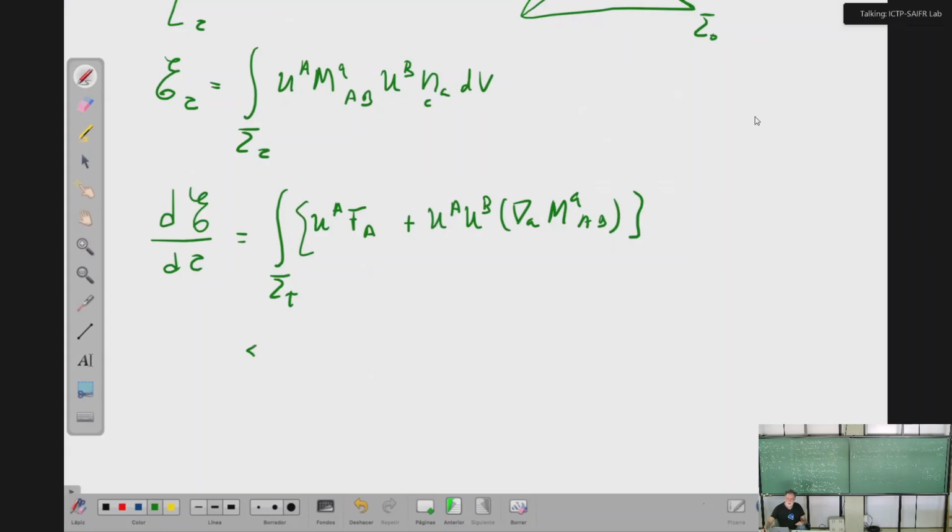And this thing we can estimate now. So this is an integral of u times f. So I can write this down as the square root of the integral over sigma tau of u_A with some local norm, squared.